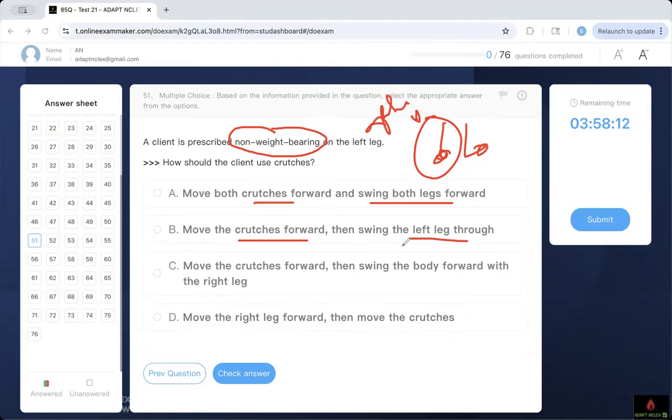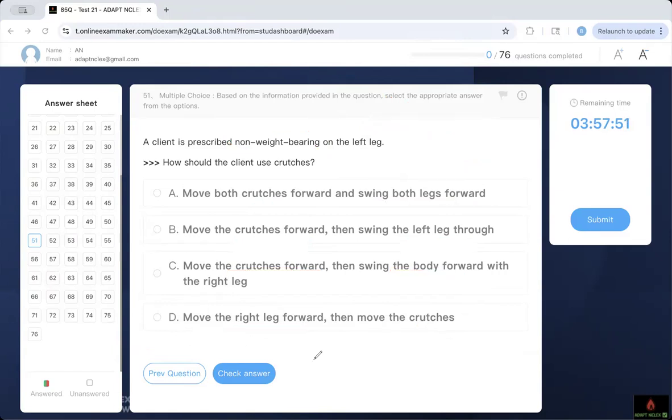Move the crutches forward, then swing the body forward with the right leg. Move the right leg forward, then move the crutches. There's a concept. Pick your answer and let me know, and I will give it to you. Write it down. Don't ever forget it.